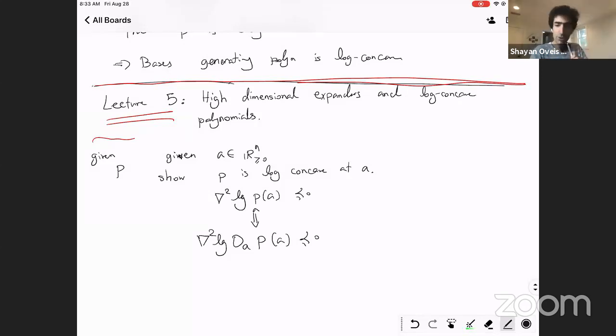Okay, so first you use this step, then you say, okay, how would I show that the directional derivative of P along direction A is log concave? You do this by induction.